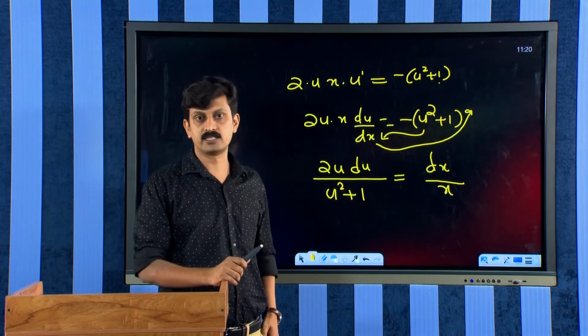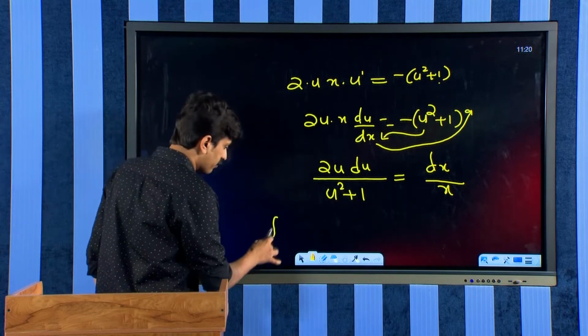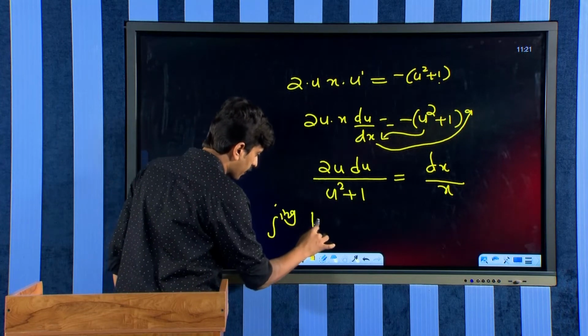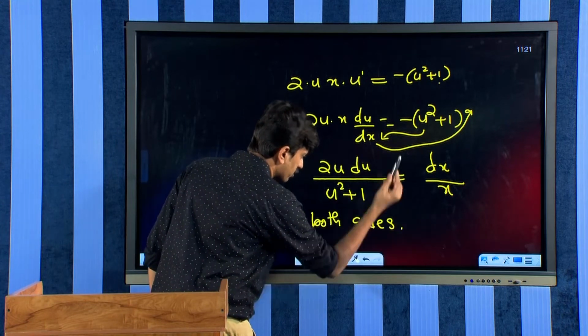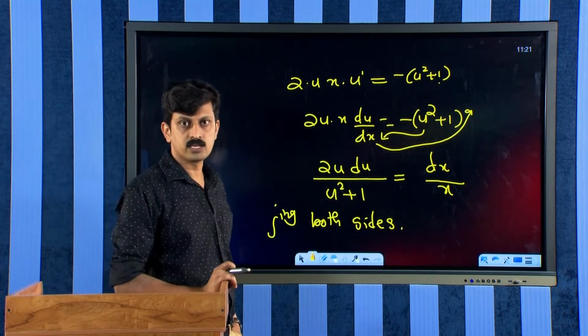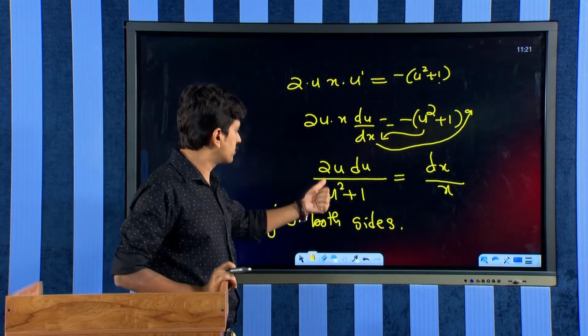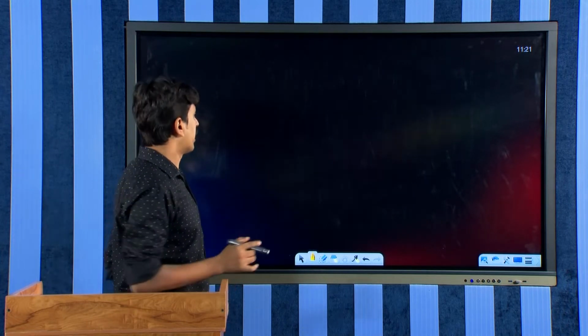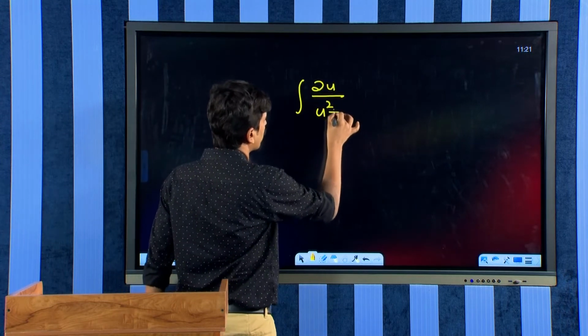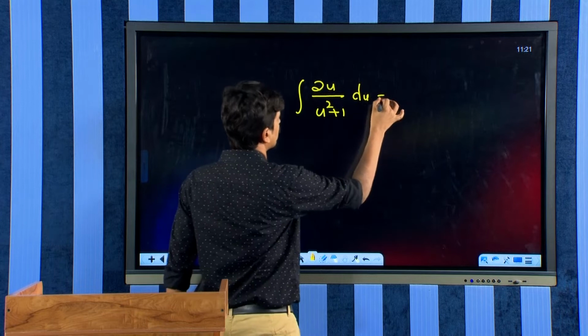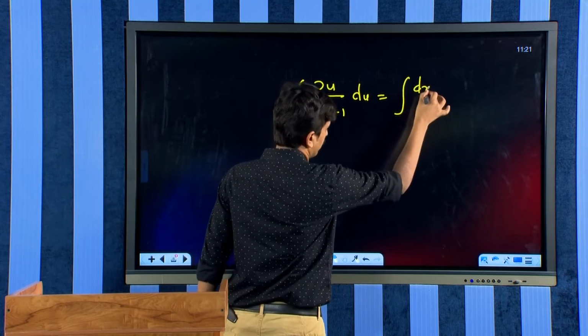Now we can integrate both sides of this equation. So, while integrating both sides, we will have the integral of 2u divided by u square plus 1 du is equal to the integral of dx by x.